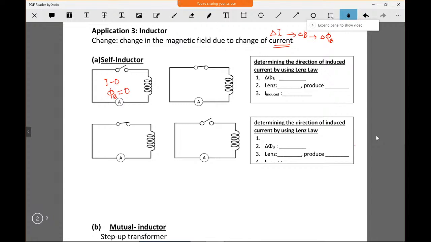In the second diagram, when the current is connected, let's say current moves in this way. This is the current from the power supply.